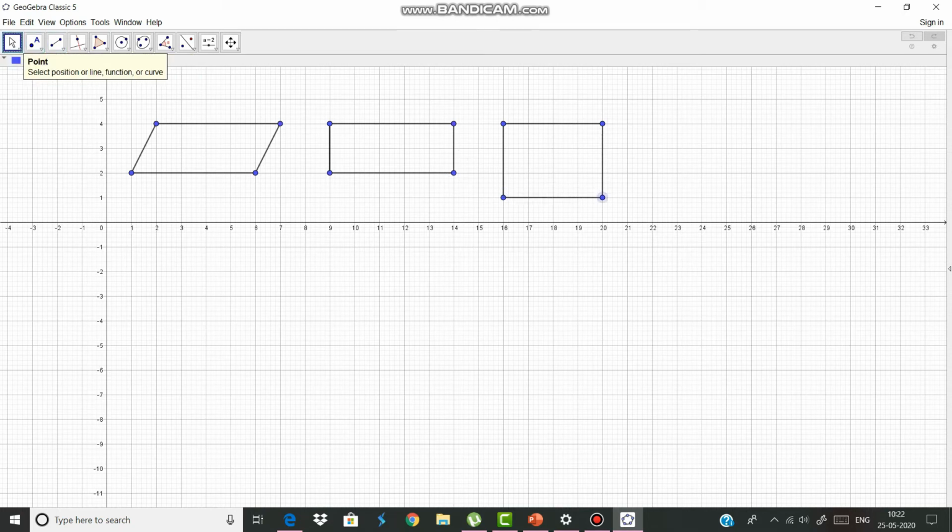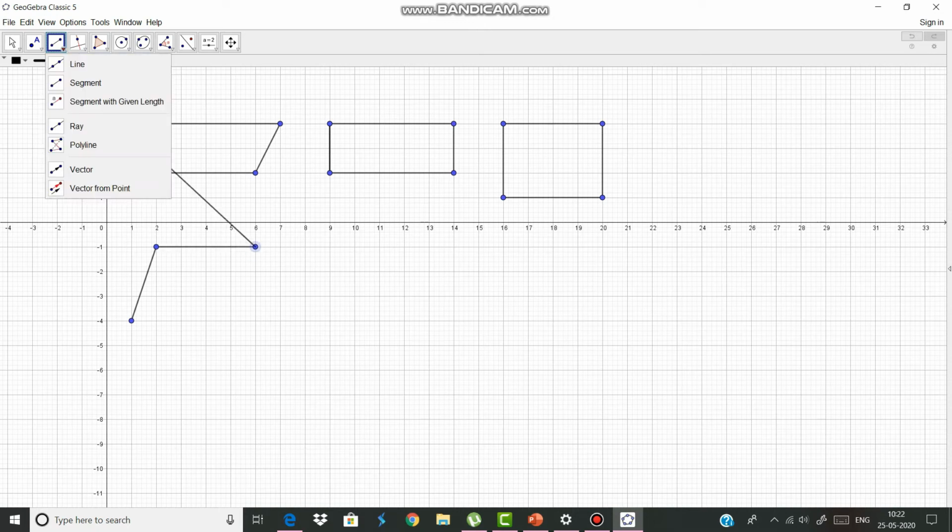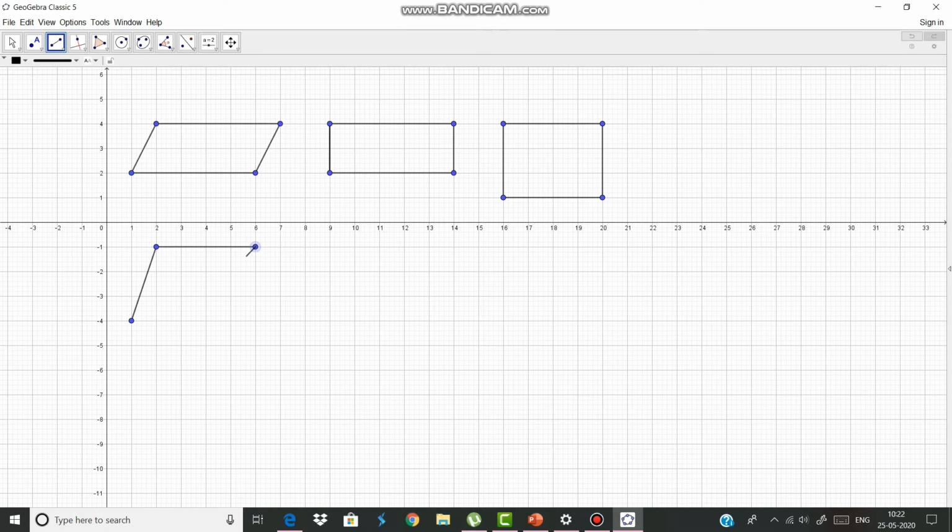Square looks like this. And rhombus looks like this.